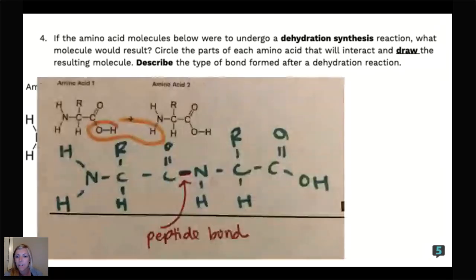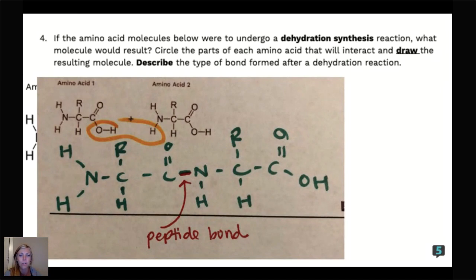The hydroxyl group, is that what you're talking about? Yes, okay, good. So the hydroxyl group of 1 amino acid, the one that has the carboxylic acid section, and then the hydrogen from the amine side. That's where your water's coming from.